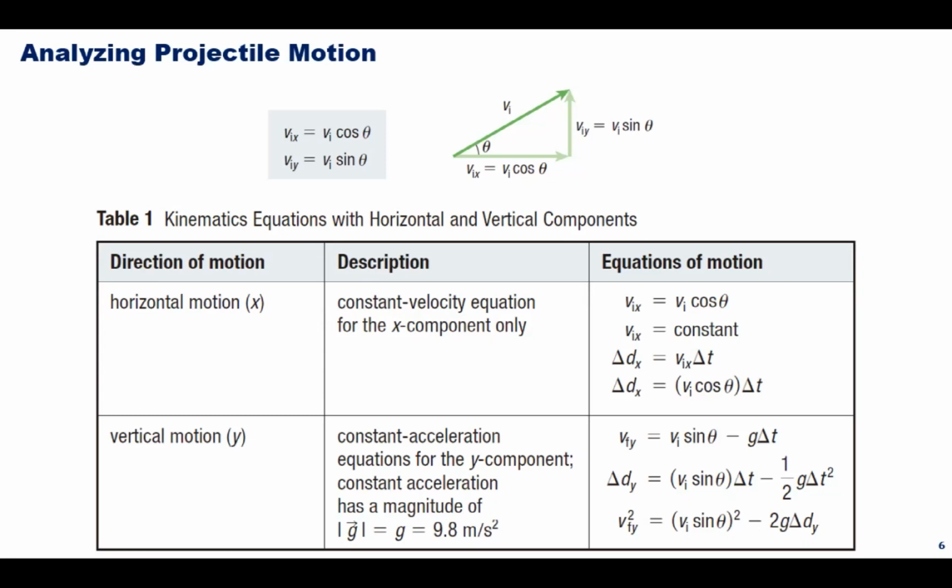Vfy equals Vi sine theta minus g delta t. Delta dy equals Vi sine theta times delta t minus 1/2 g times delta t squared. And Vfy squared equals (Vi sine theta) squared minus 2 g times delta dy.